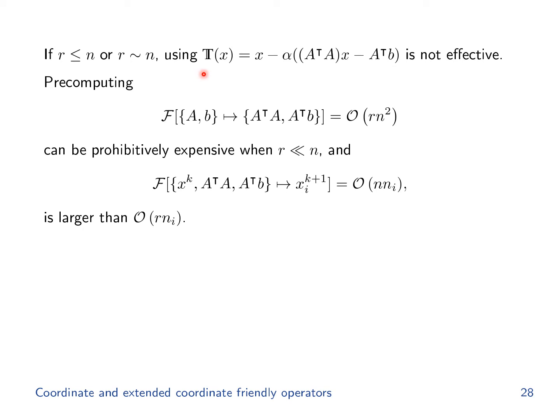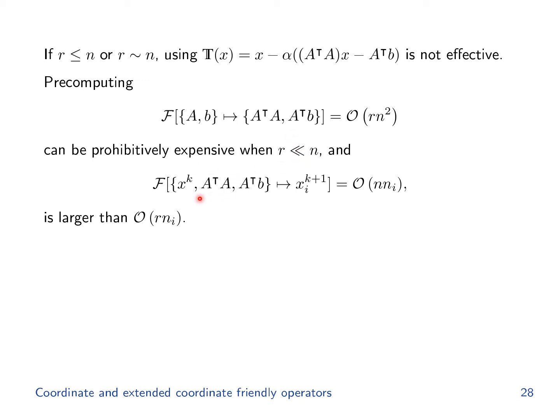There's a different approach to calculate the gradient operator by first pre-computing A transpose A and A transpose b, but this approach is not computationally effective if R is less than N or R is roughly equal to N. First of all, pre-computing this matrix and this vector costs O(R N squared). When N is much greater than R, this cost can be prohibitive, and you may run into out-of-memory issues.